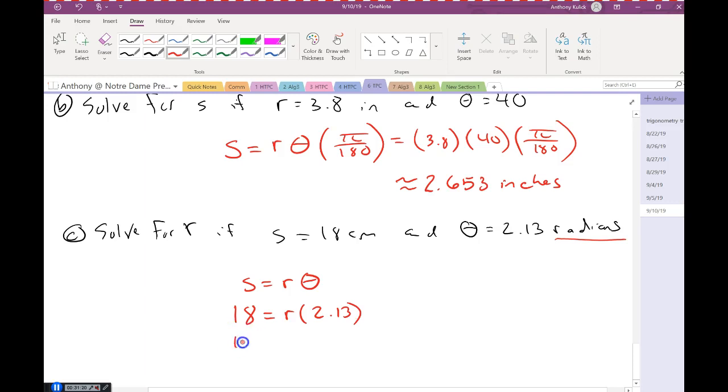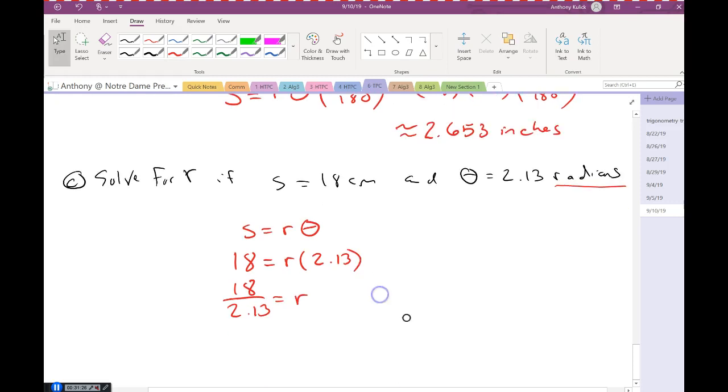And if I divide both sides by 2.13 and then type that into my calculator, I get 8.451 is about my radius for that circle.